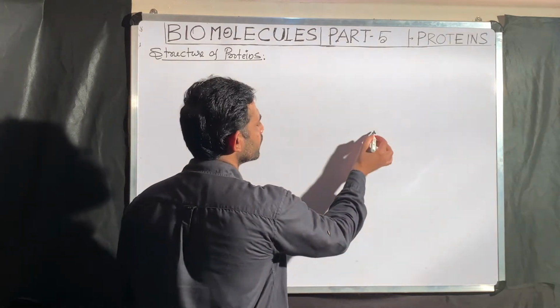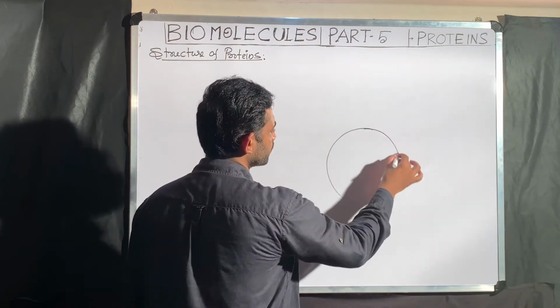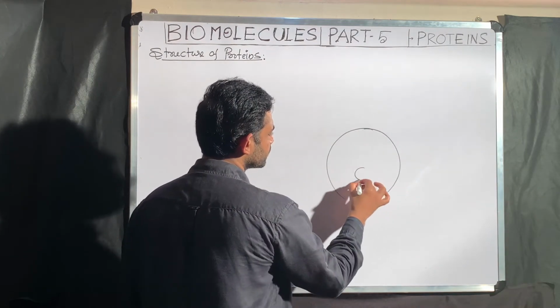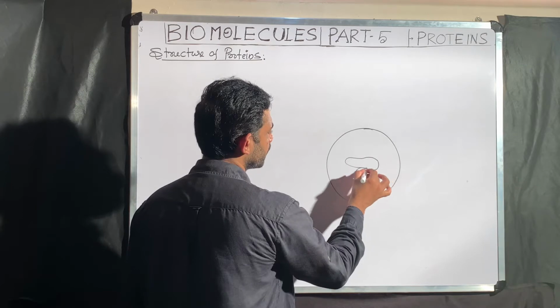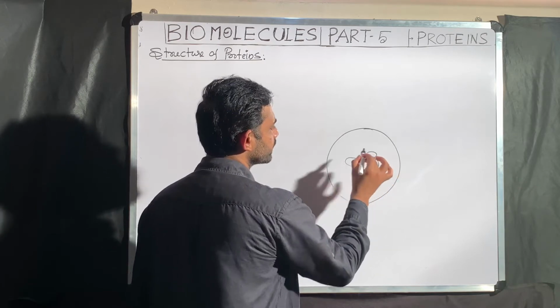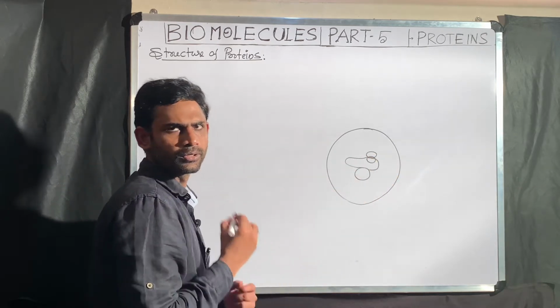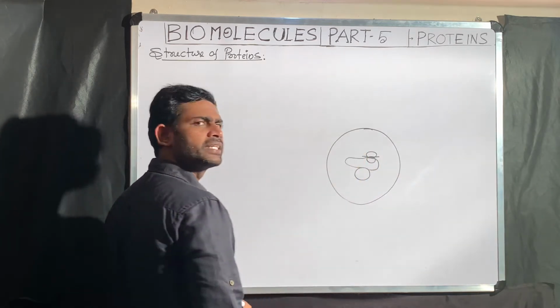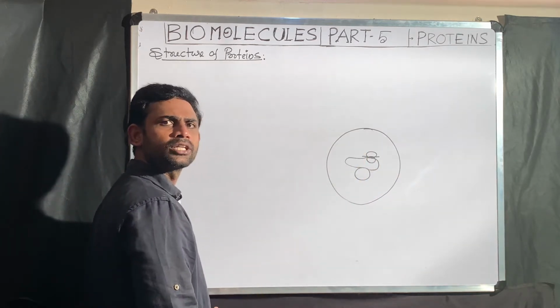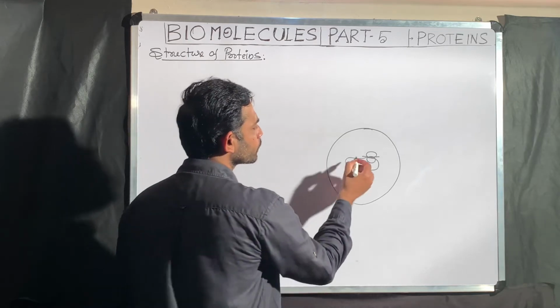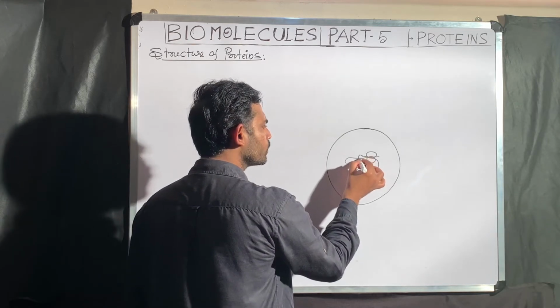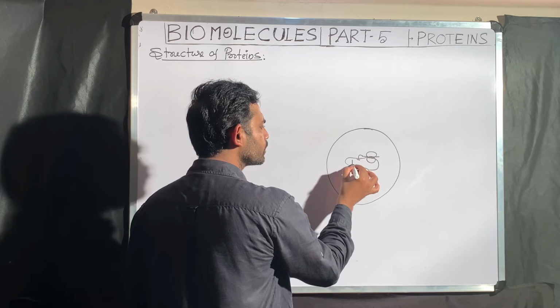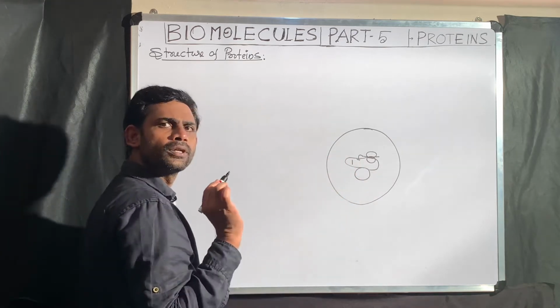For example, this is a eukaryotic cell. Okay? This is the nucleus, this is the endoplasmic reticulum. Consider this is a rough endoplasmic reticulum. As we know, RER is a site of protein synthesis or site of the translation process. Once the protein is synthesized, the protein enters into the lumen of the endoplasmic reticulum only.